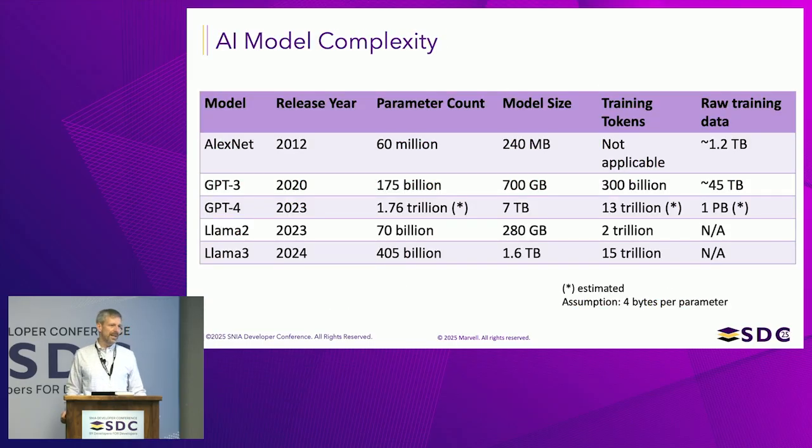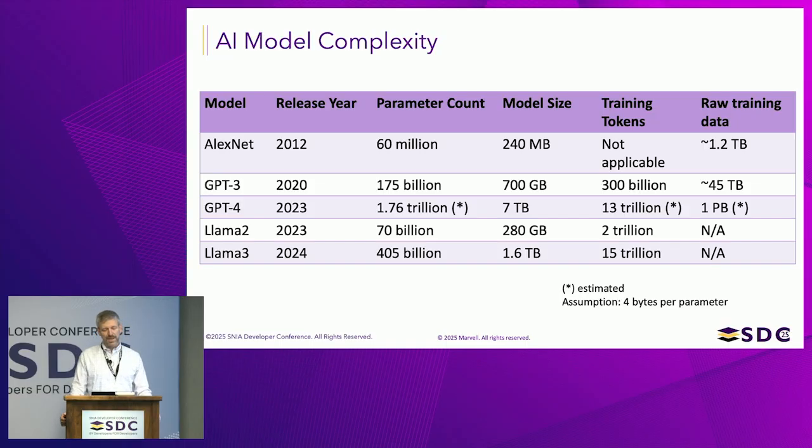So here I would like to give a sense of the complexity of recent AI models. The initial models were relatively simple by today's standards. AlexNet, of course, also had a high parameter count of 60 million. But as you look at these algorithms here, you can see that state-of-the-art algorithms have more than 1 trillion parameters.